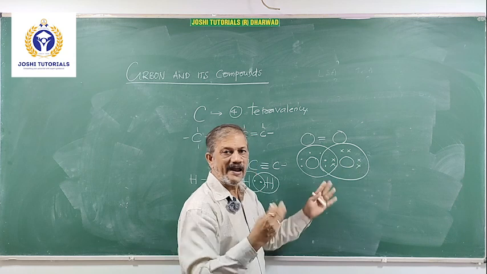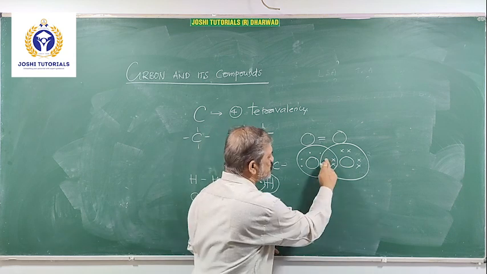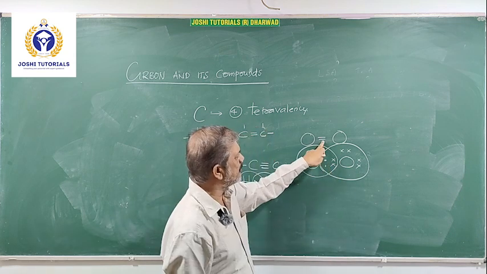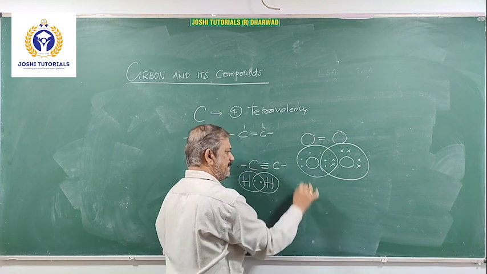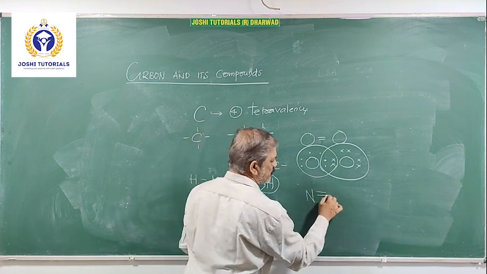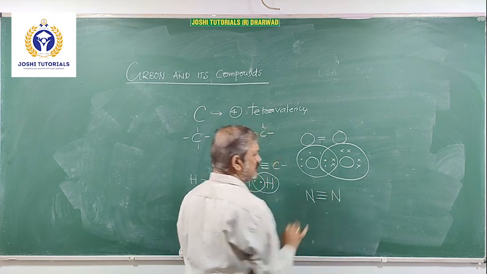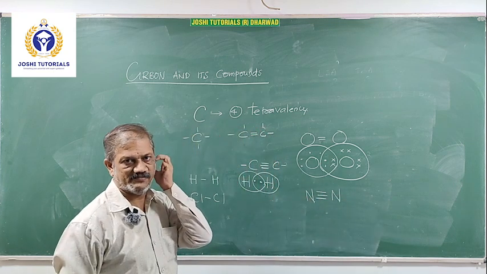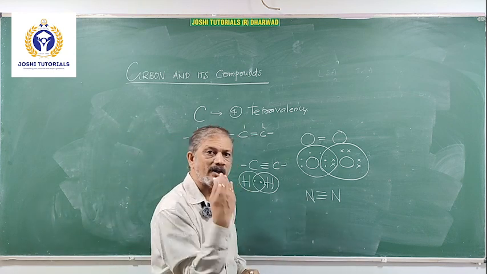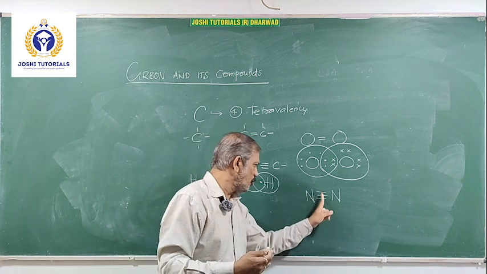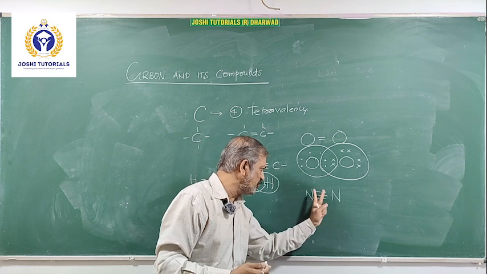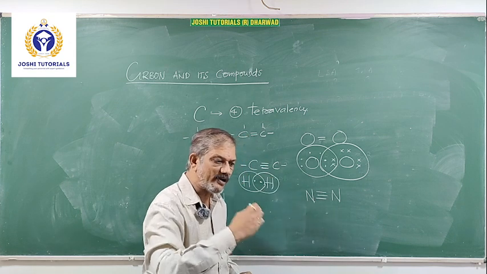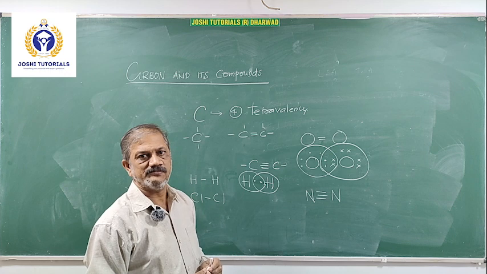Sharing is 2 pairs. That is why it is a double bond. In the same manner, nitrogen has a triple bond, sharing with another nitrogen. Triple bond, 3 pairs of electrons, 3 covalent bonds.